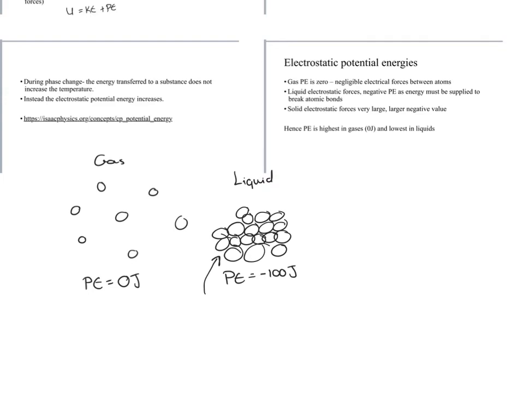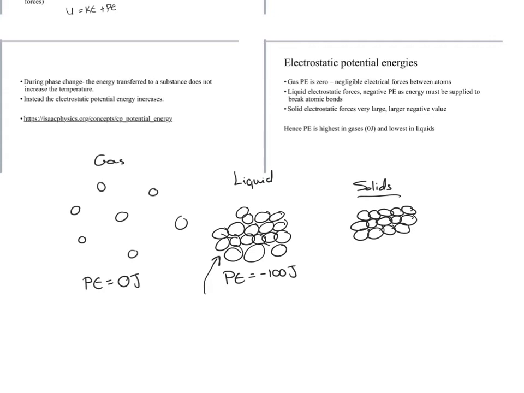Then we have solids, which are very close to each other. I know my diagrams are not the best, but it's just an idea. You already know these diagrams. They're much closer together. They're held much strongly together in a regular pattern.